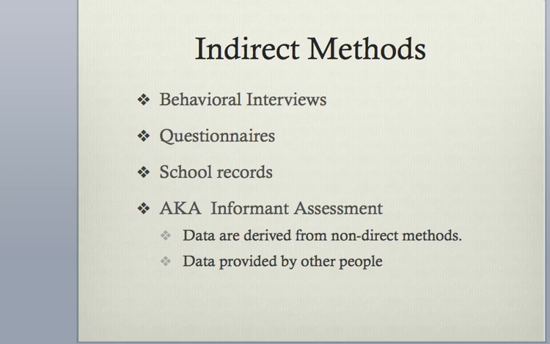You may go in and look at school records or medical records or records of previous treatment. It is also known as informant assessment. The important point to make here is that the data are derived from non-direct methods. It's provided by other people or other sources rather than directly observing the behavior.